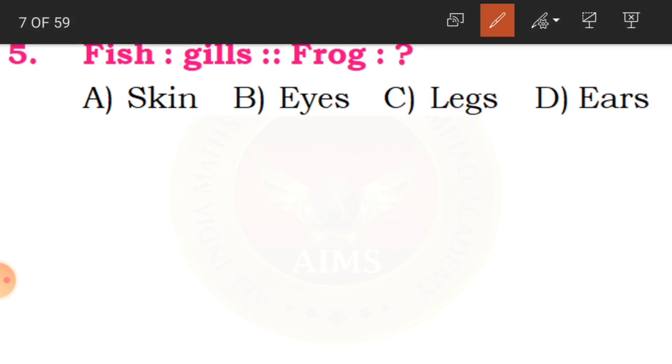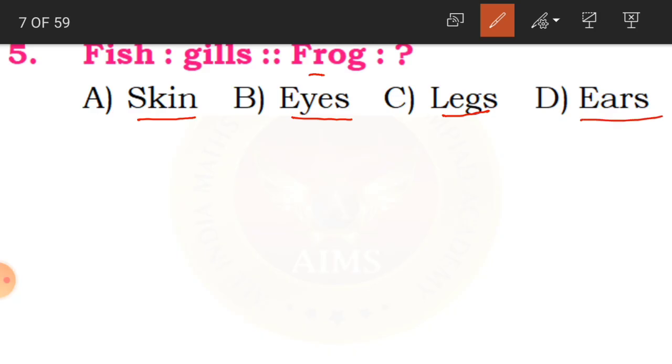Why do fish use their gills, children? For breathing. Gills are used for breathing for fish, and what is used for the frog? For breathing. Here you have 4 options: skin, eyes, legs, and ears.